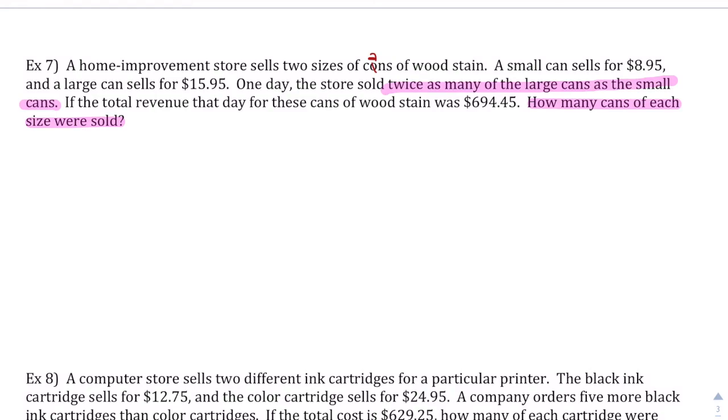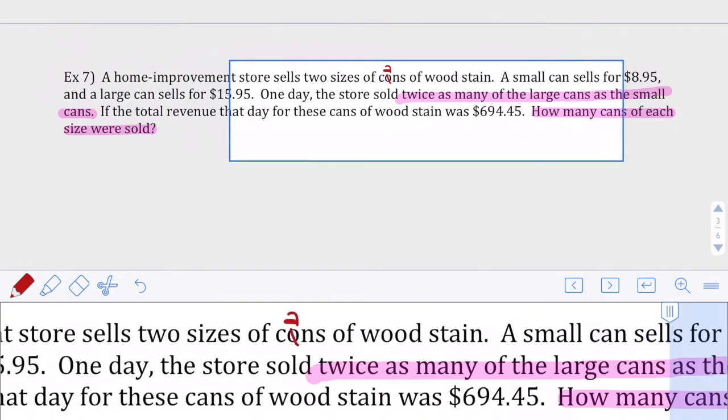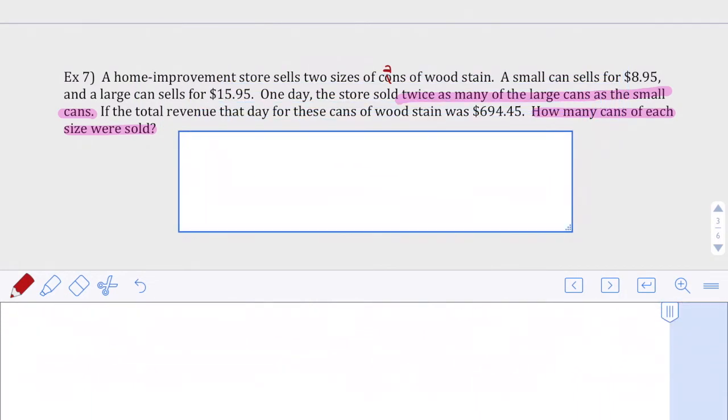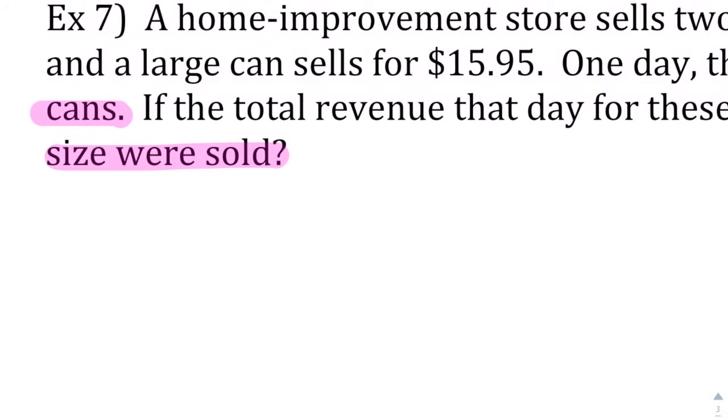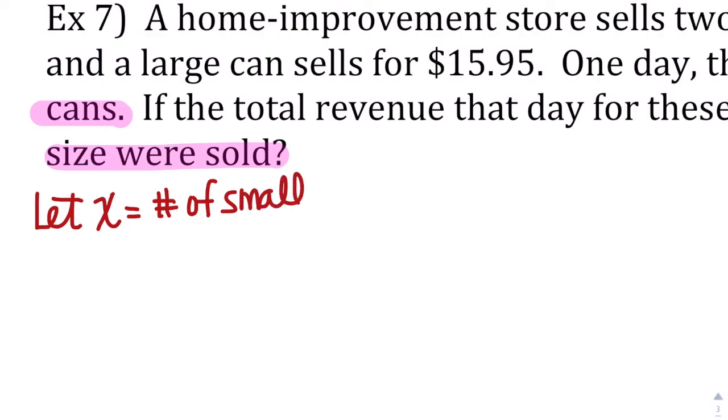Since we read in the first sentence twice as many large cans as small cans, what I'm going to do is say let x equal the number of small cans.